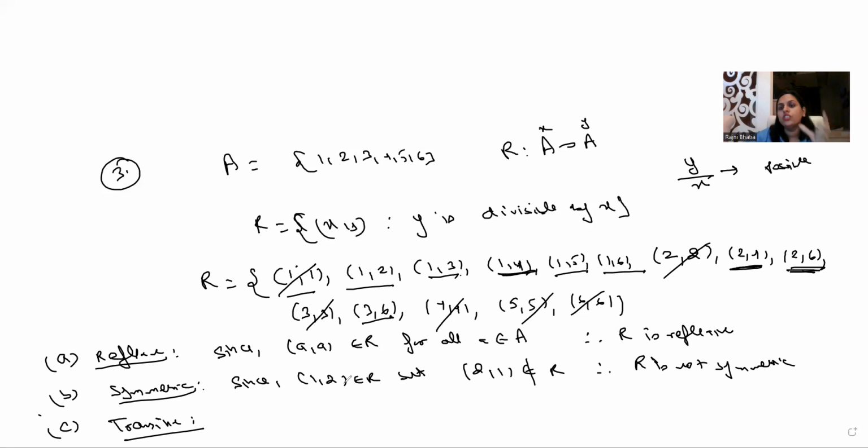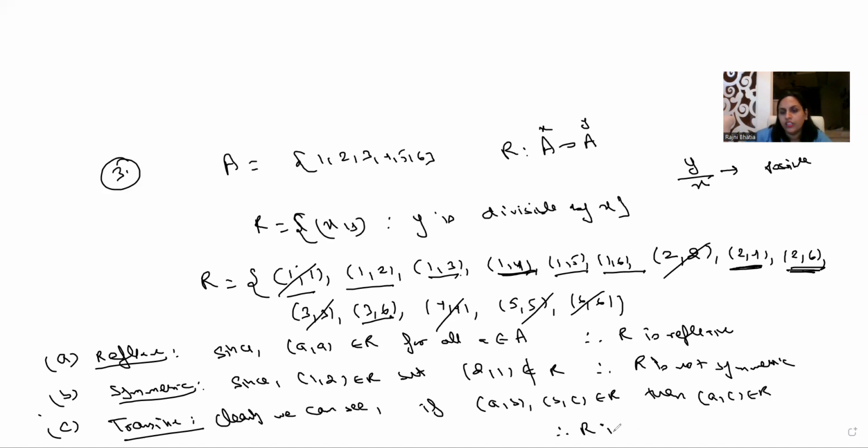And when a relation is reflexive, symmetric or transitive, we have to write its generic definition. So we will write clearly, we can see that if a b, b c belongs to R, then A comma C also belongs to R. Therefore, relation is transitive.